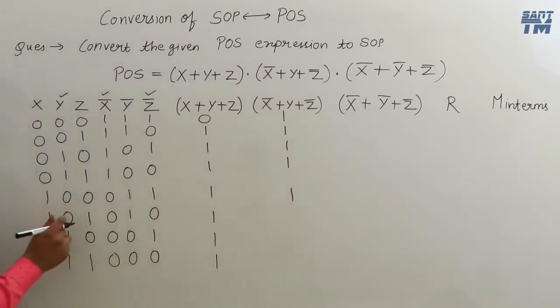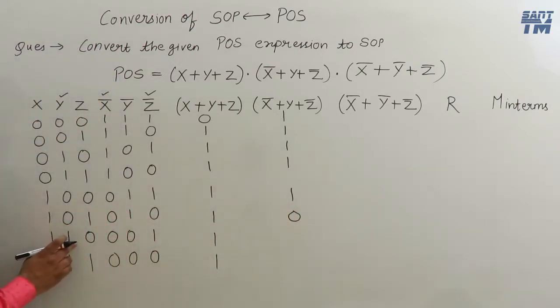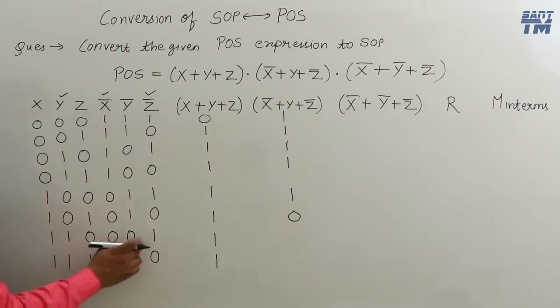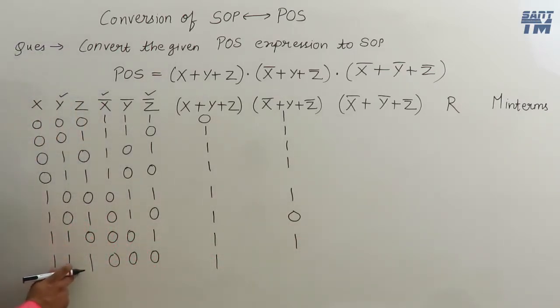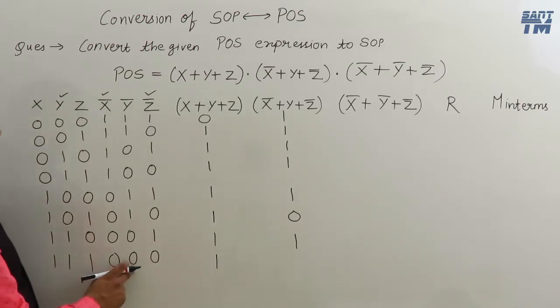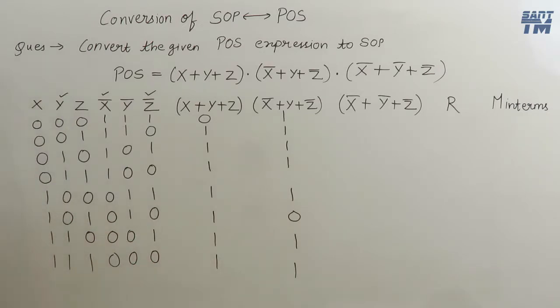Do it very carefully. 0 plus 0 plus 0 is 0. 1 plus 0 plus 1 is 1. 1 plus 0 plus 0 is 1.